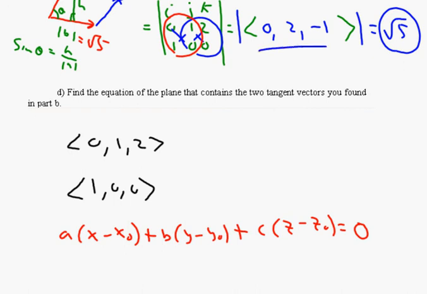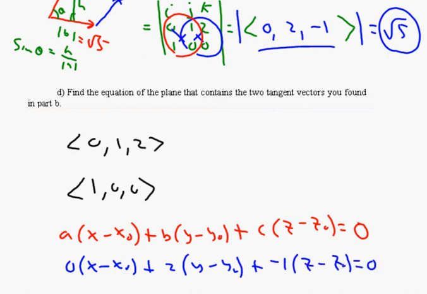Luckily, we just did the cross product in part C. So there it is, and now we can write this: 0 times x minus x0 plus 2 times y minus y0 plus negative 1 times z minus z0 equals 0. So all I need now is a point that the plane goes through. We know the plane has to go through the point of collision, which happens when t equals 0, because we did that in part A. So that's the key.